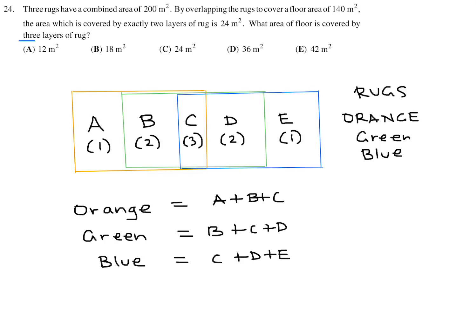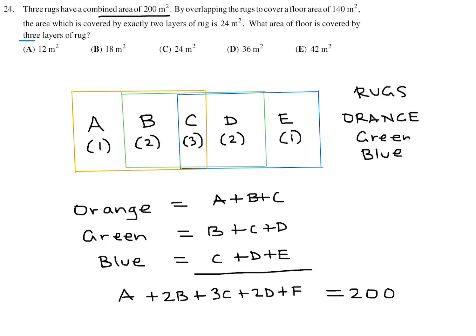So the combined area of the rugs is 200. So if we add all of these, it would equal 200. So let's add them. We get A plus 2B plus 3C plus 2D plus E. That's the first piece of information.